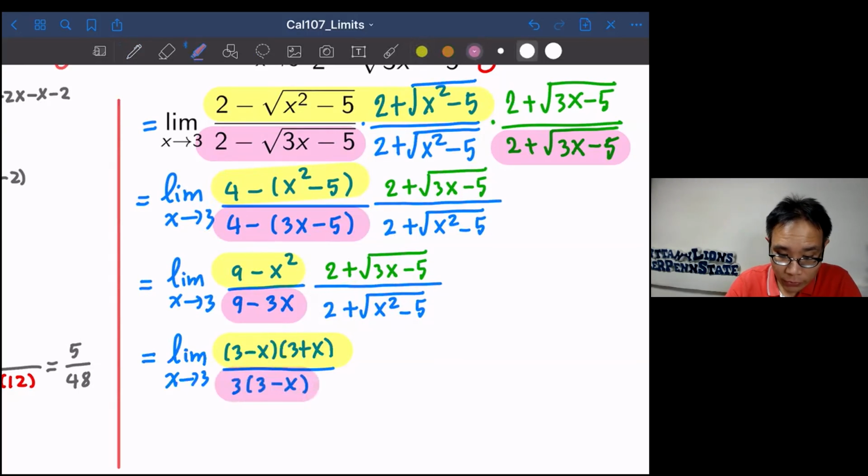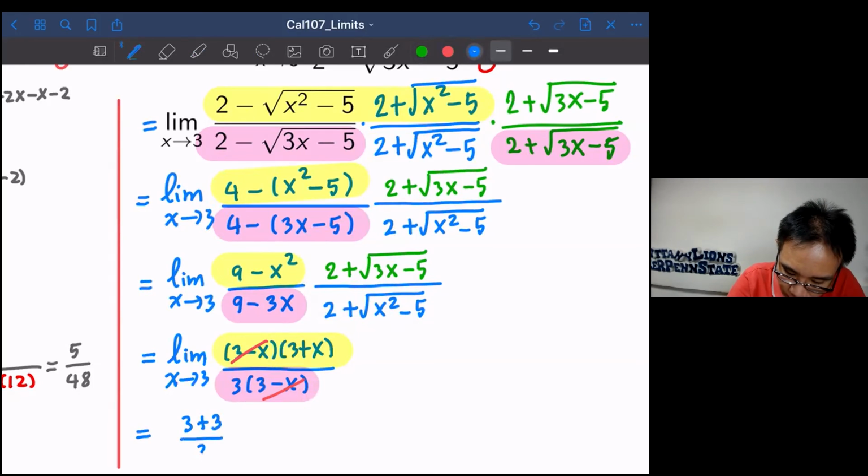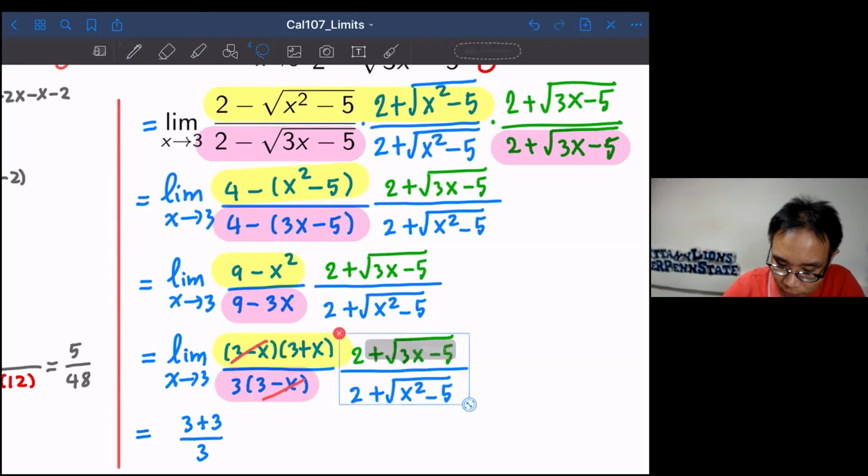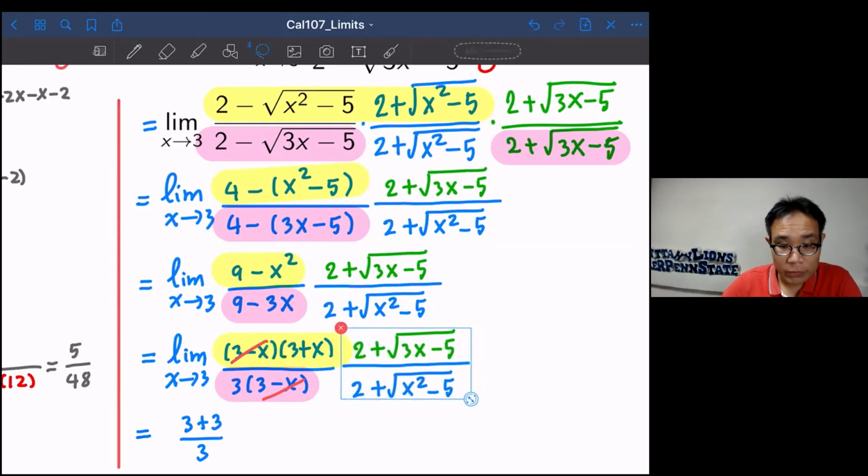And you see that you are able to get rid of these two guys, and you have limit as x goes to 3 of this function, so you get 3 plus 3 over 3. And you're going to copy down this term also.